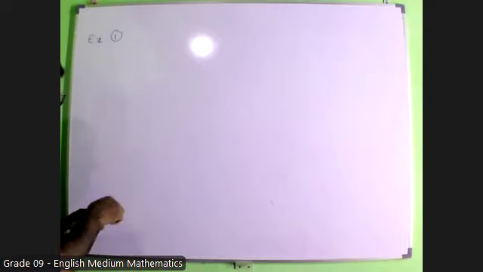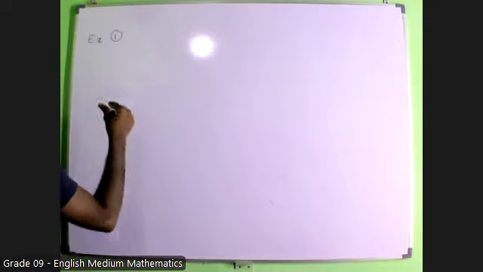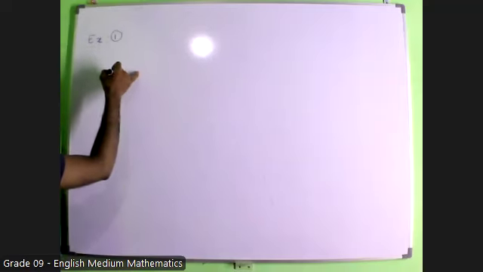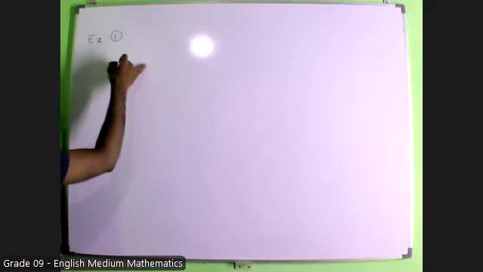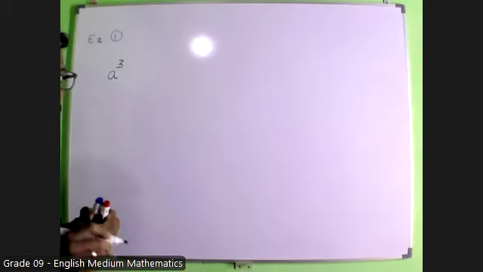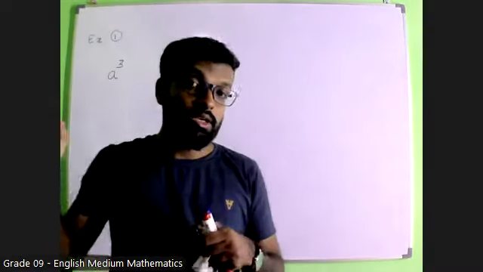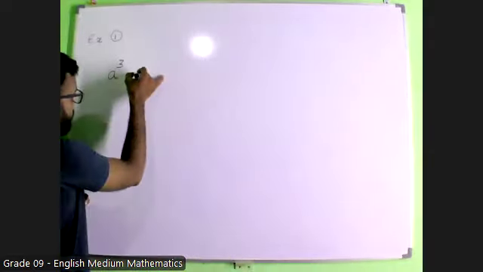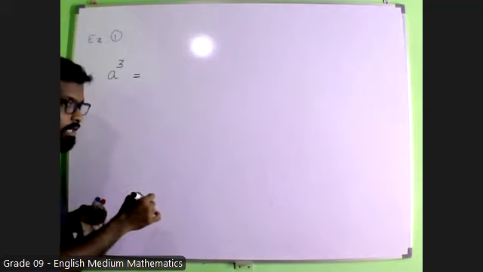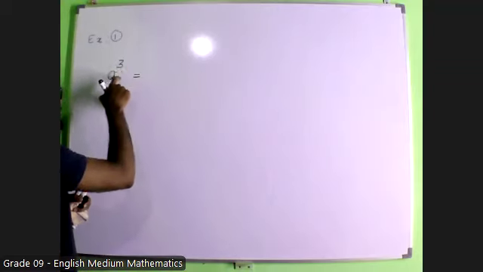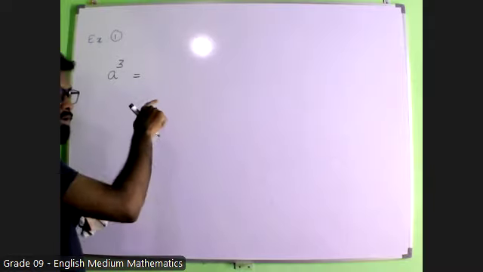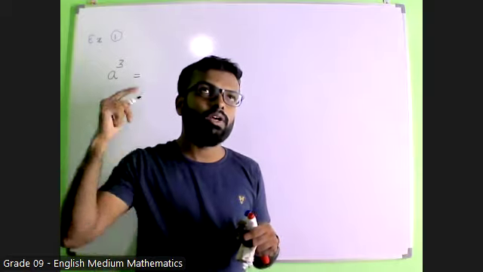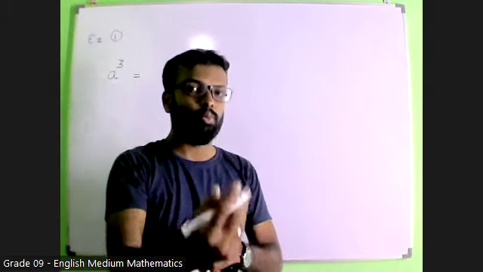Example number 1. This is a positive power, a to the power 3. Now I am going to convert this into a negative power. Think, how am I going to convert this positive power into a negative power?